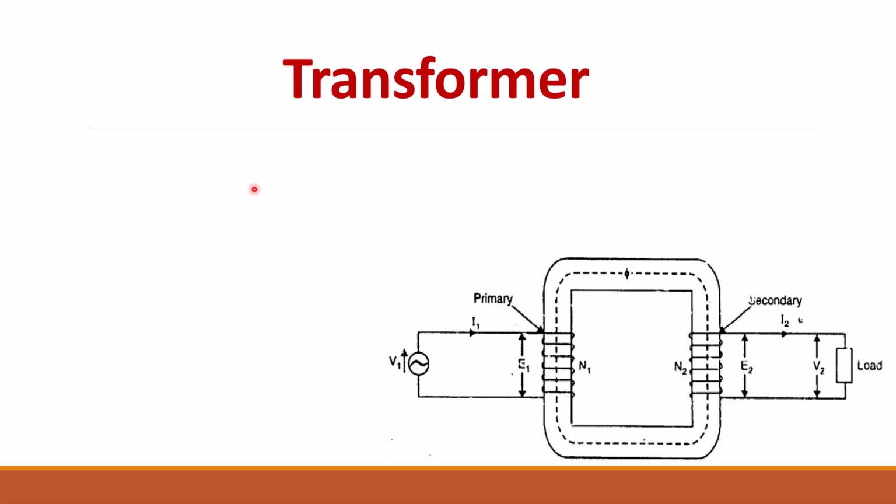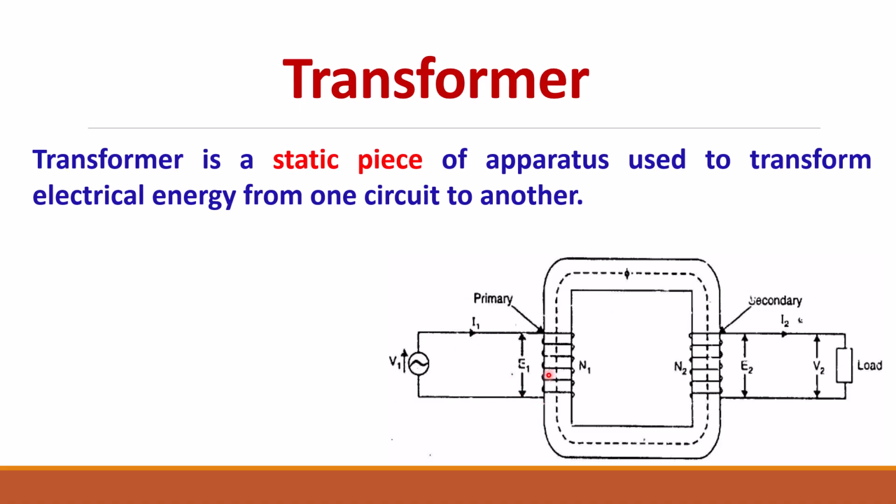You can see here, one winding to which the supply voltage is connected, and another winding to which a load is connected. There is no electrical connection between these two coils, and the two coils are placed on an iron core.